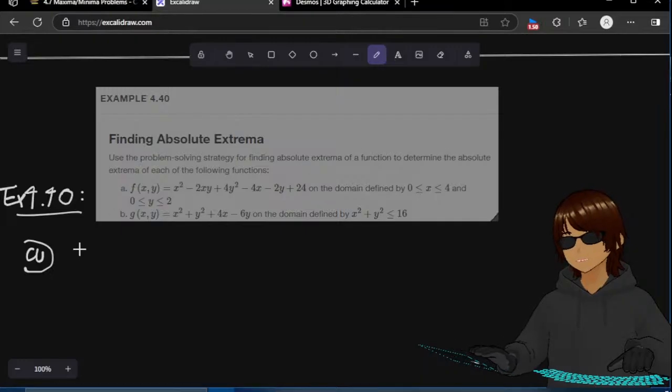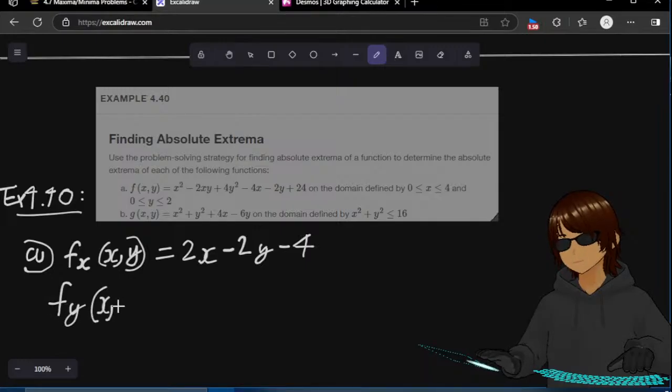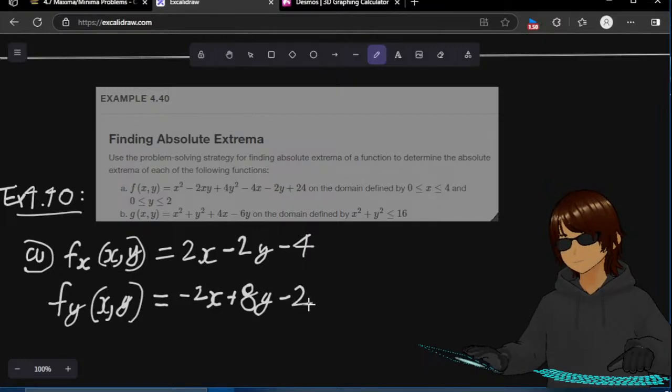On the domain defined by, so, okay, f with respect to x is this, 2x minus 2y minus 4, right? And then with respect to y, it's minus 2x plus 8y minus 2.